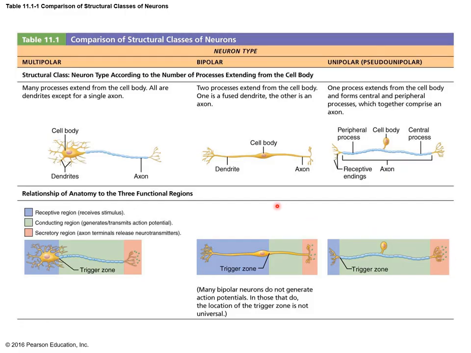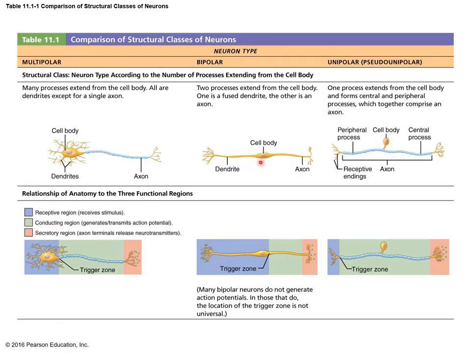So here we have the cell body in the multipolar with multiple dendrites and one long axon. So you have these multiple processes here. In the bipolar, you have a cell body, and on one end you have the dendrite, on the other end you have the axon. So you just have the two processes off of the cell body. On a unipolar, it's like you have just one long process and the cell body is off to the side.